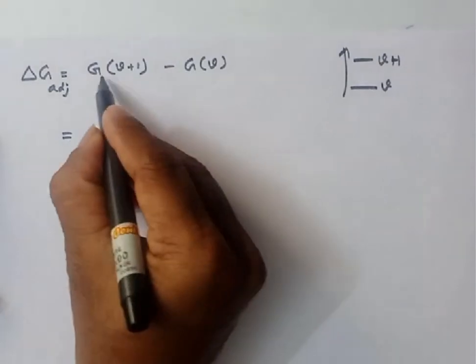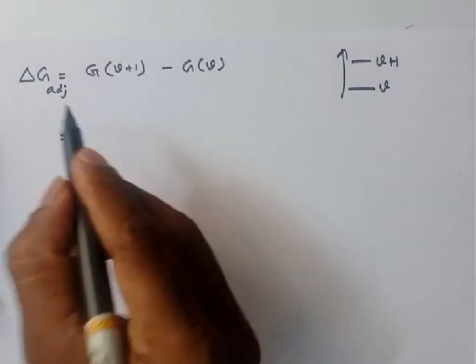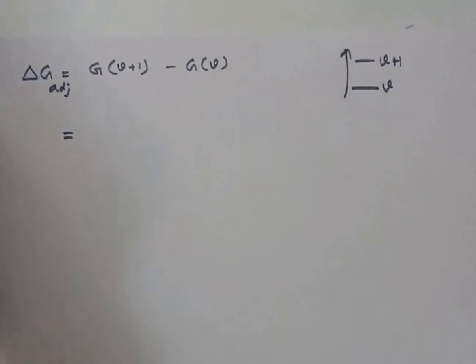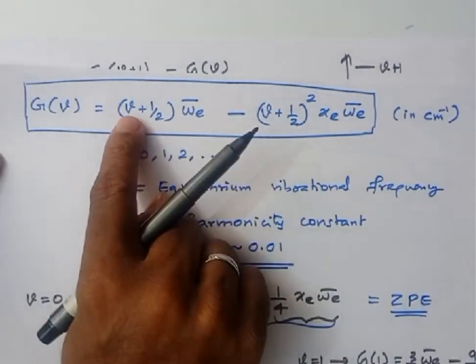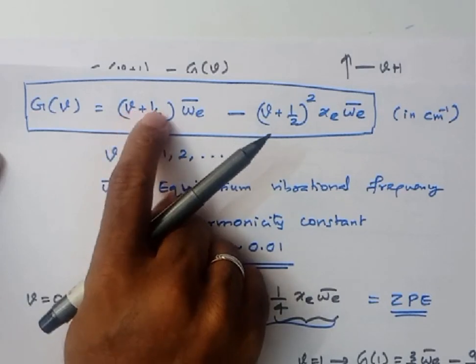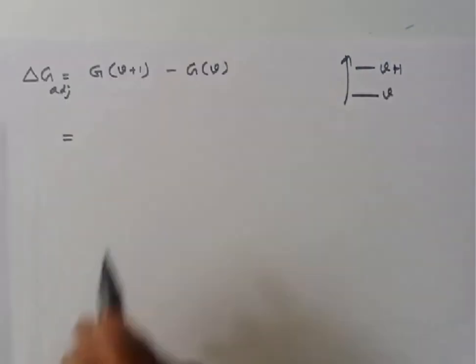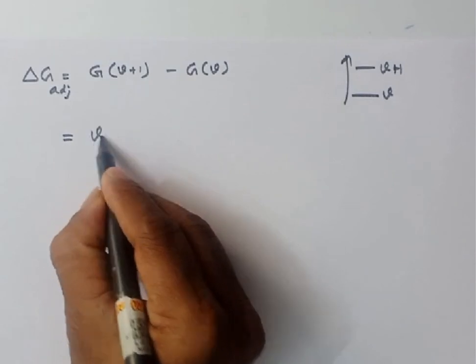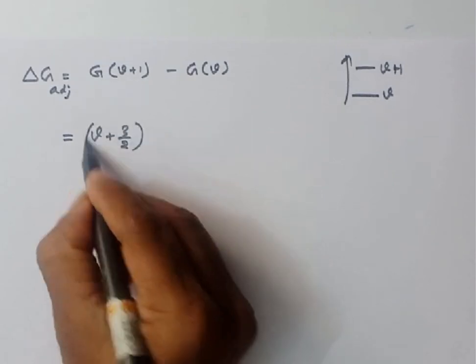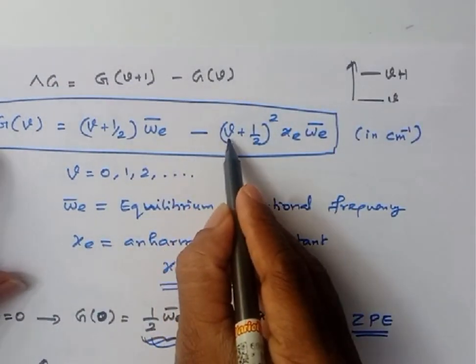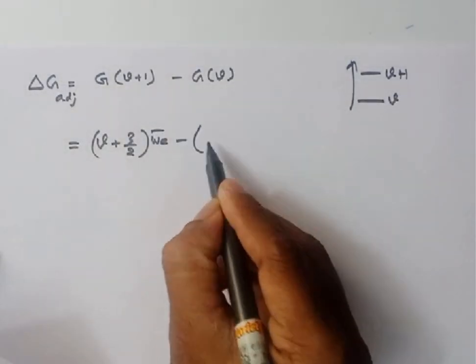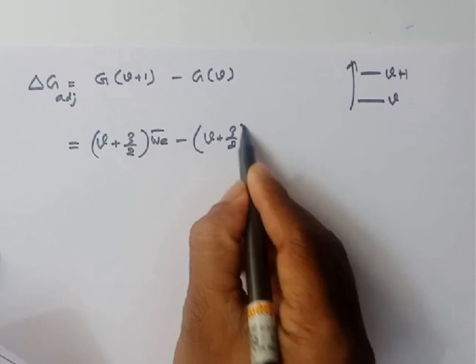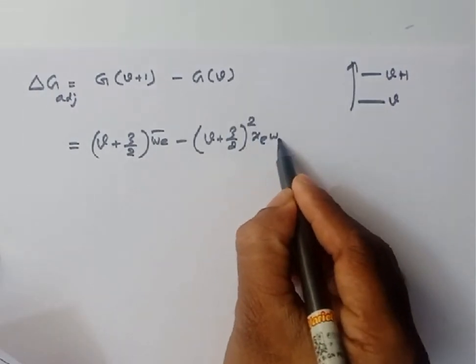See how to find the energy of the v plus 1 level. Very simple. Wherever v is there in the energy formula, you put v plus 1. So v plus 1 plus 1/2 becomes v plus 3/2, omega_e bar, then minus, again put v plus 1, you'll get (v plus 3/2) whole square xe omega_e bar.